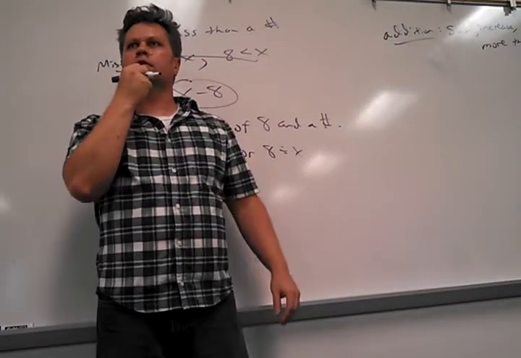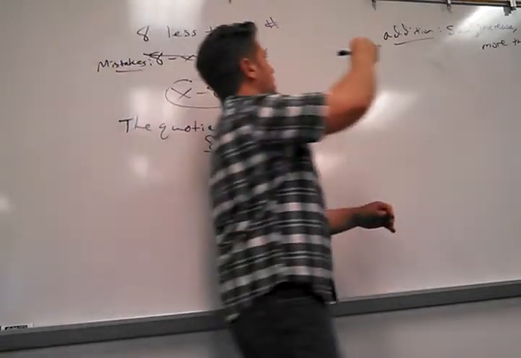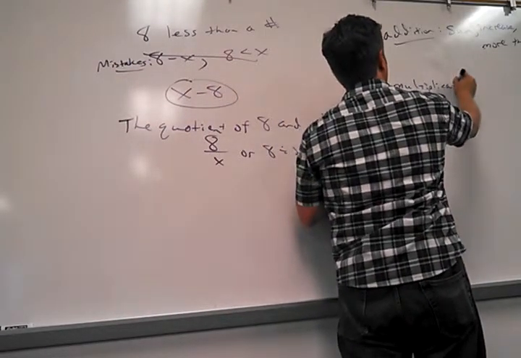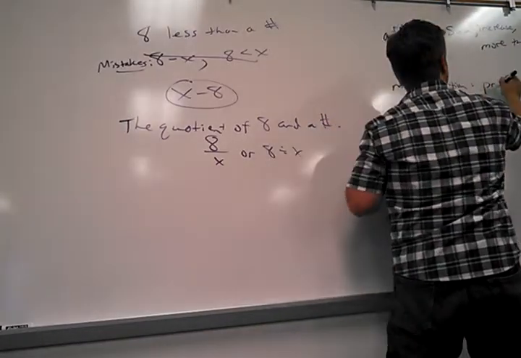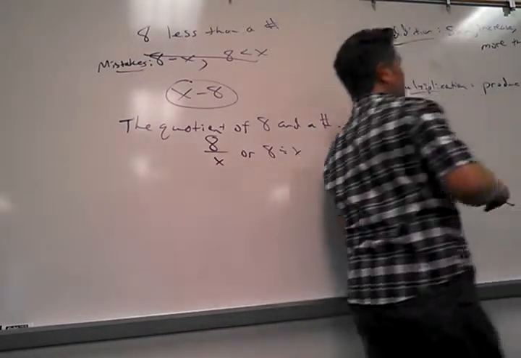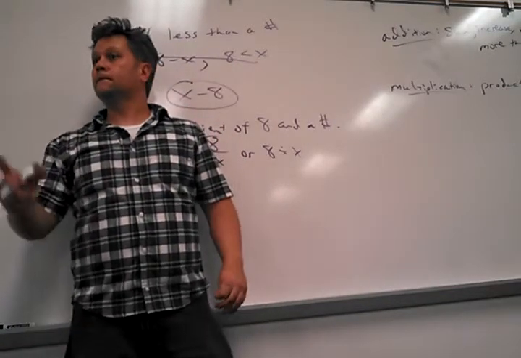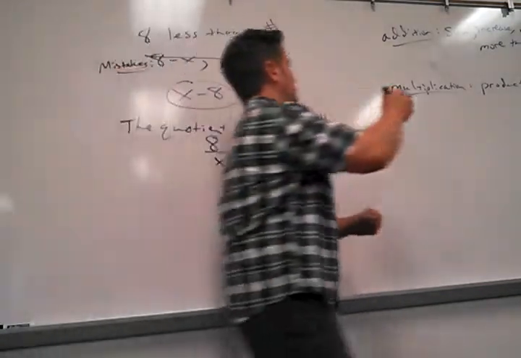The product of. Now what's product mean, though? Multiplication. Yeah, I like that. Product. Sometimes they'll just say times, but not very often, so don't look for that. Oh, of. Now, this is a good point.